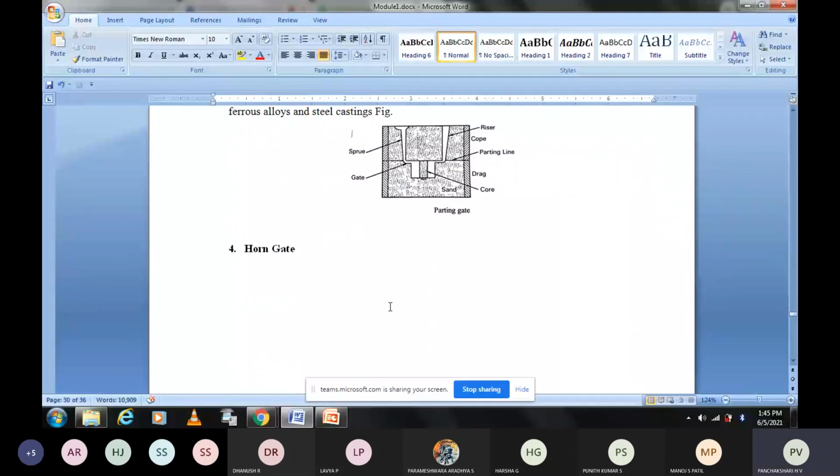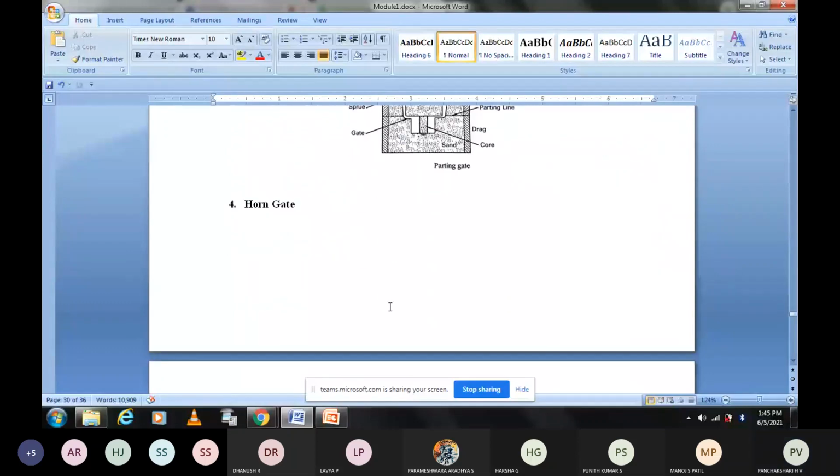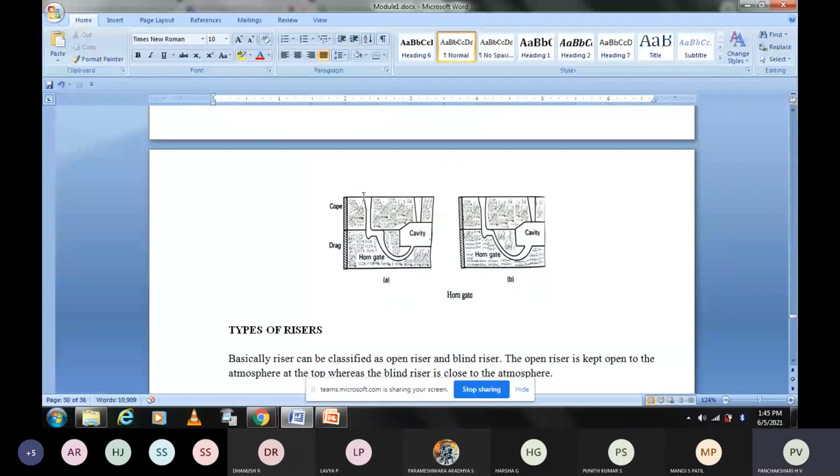Next is the horn gate. See, the gating system is provided like this. It is just like the bottom gate only. The liquid metal is entering from the bottom like this. This is the gating flow. If it were a parting line gate, what happens?